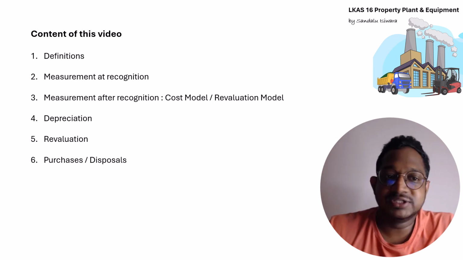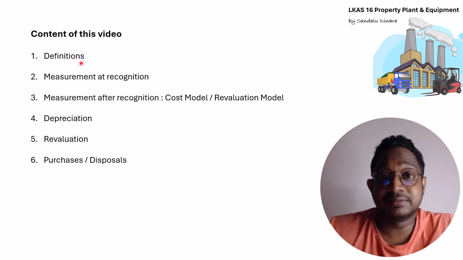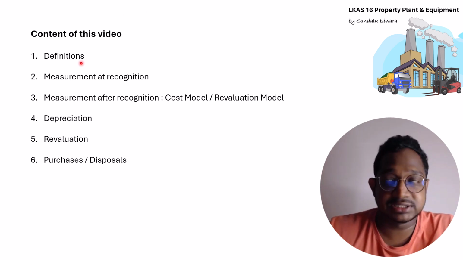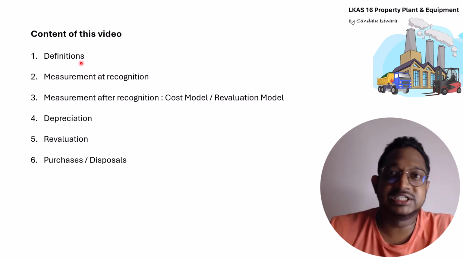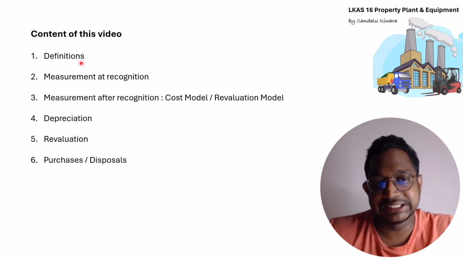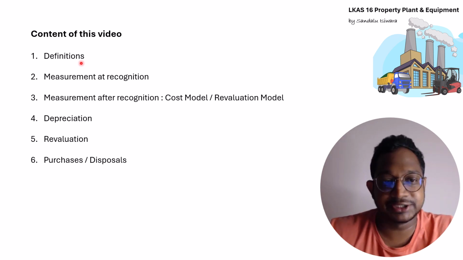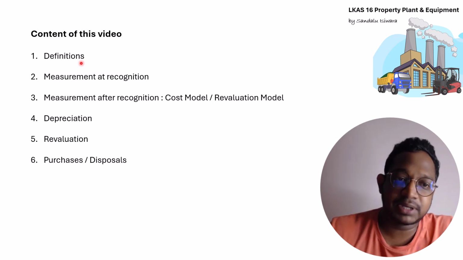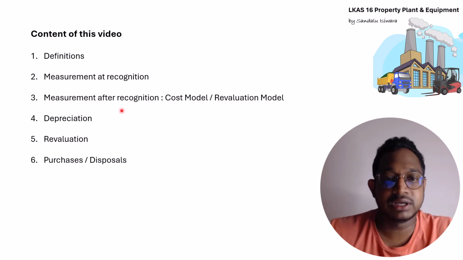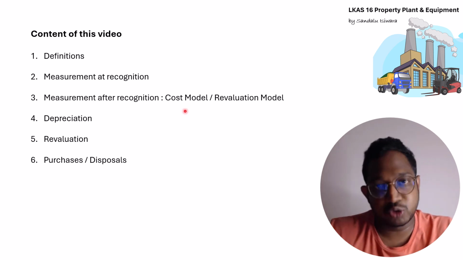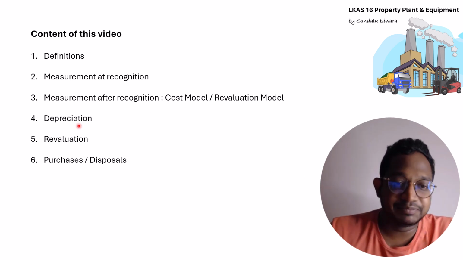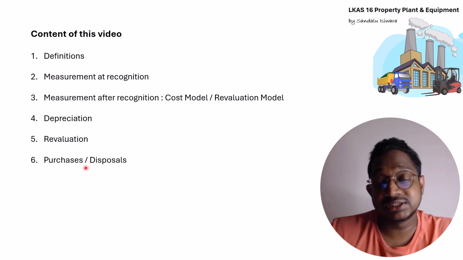So the content of this video: first, I'm discussing the definitions, the terms that you should know when you are learning LKAS 16 property, plant, and equipment, and then the accounting part: measurement at recognition and measurement after recognition. You can follow up by the cost model or the revaluation model, and depreciation, revaluation, and purchases and disposals.